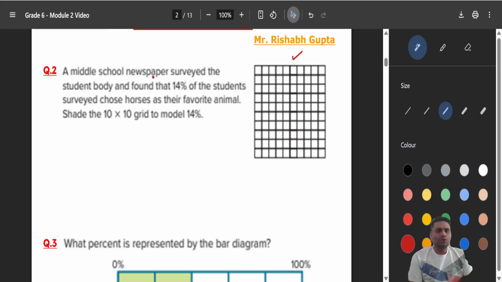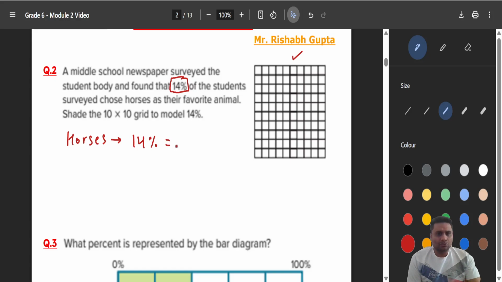Okay, so the school newspaper is doing a survey and asking the students which one is your favorite animal, correct? So out of the total 100%, how many percent chose horses? 14%, right? So I can write for the horses 14%. 14% of the total students chose horses, right?